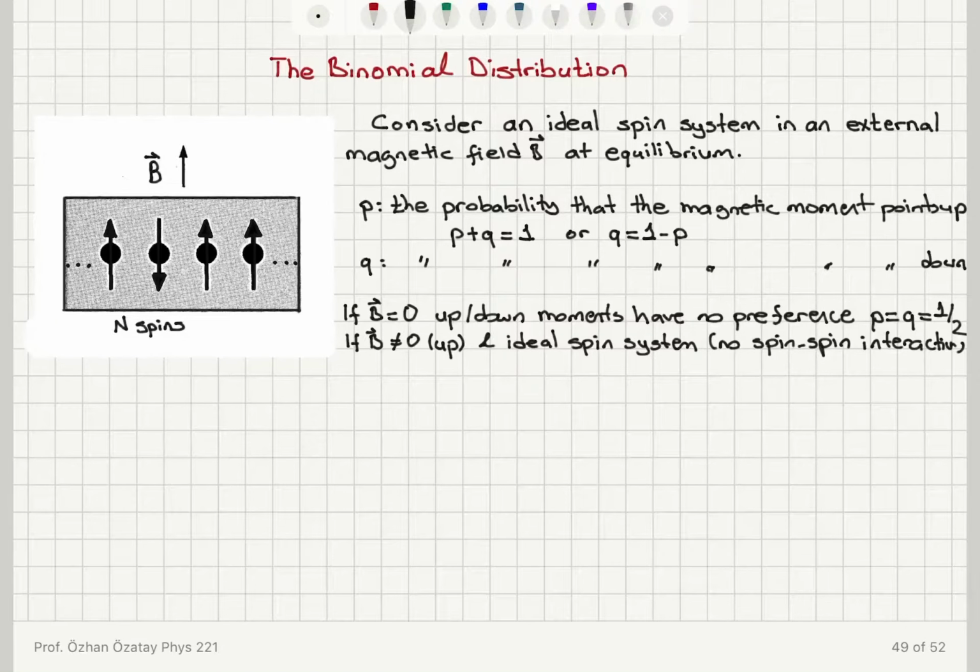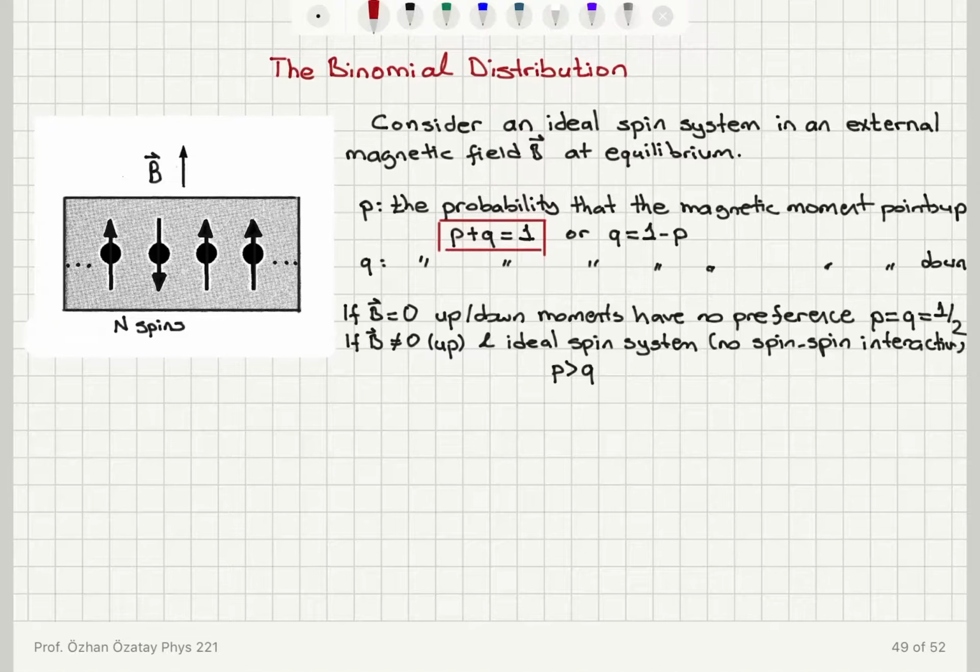So this would imply that in this scenario, P would be greater than Q. And I still have this relationship, P plus Q is equal to 1. This is true for all possible cases.